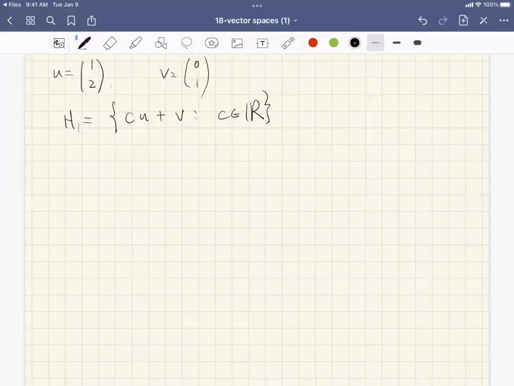So the first thing I want to check is the existence of 0 in H1. So is 0 in this set H1?